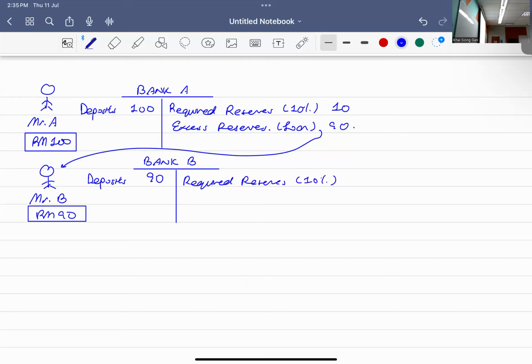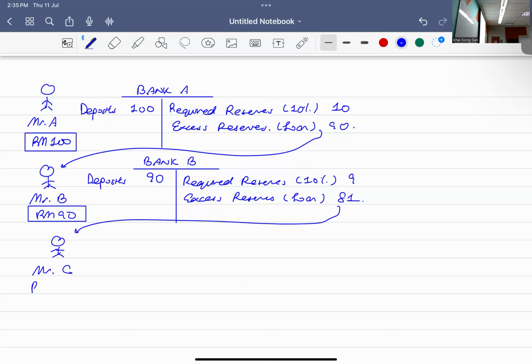That means of the 90 ringgit, 10% must be kept, so 9 ringgit must be kept for emergency. The rest, the excess reserve, can be used as a loan, which is 81 ringgit, which bank B can lend to another person.